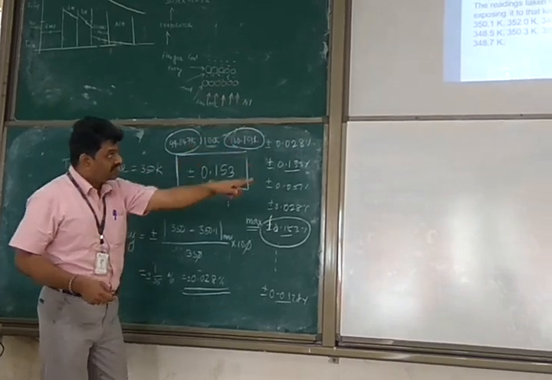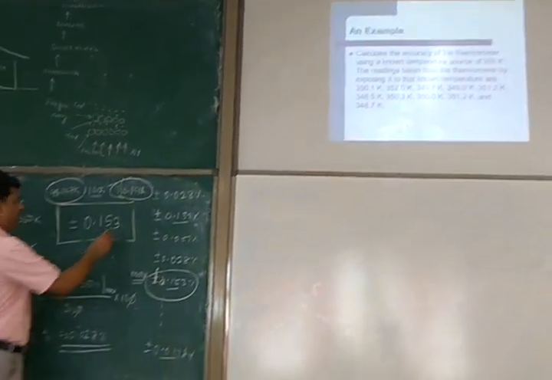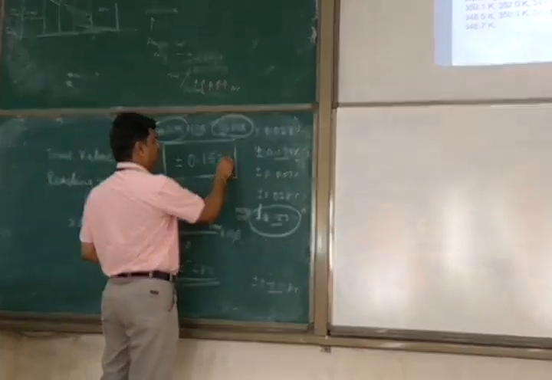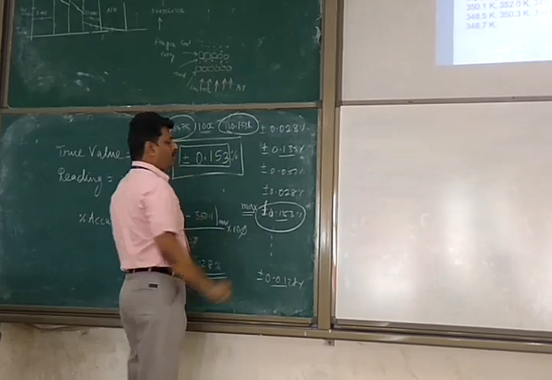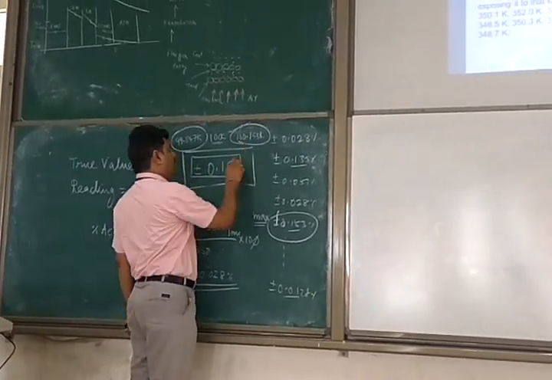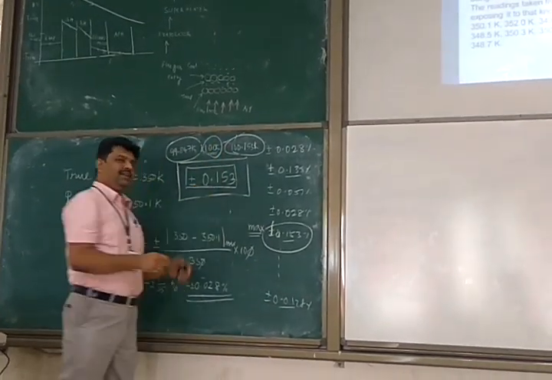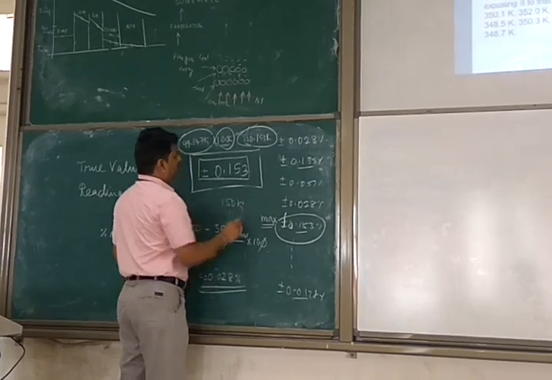Our question is, for the given set of readings, compute the accuracy. So if you don't put the percentage sign, you mean a fixed quantity of plus or minus 0.153. If you don't put the percentage, and you are only measuring 100 Kelvin, your answer is right. Suppose I am measuring 150 Kelvin.